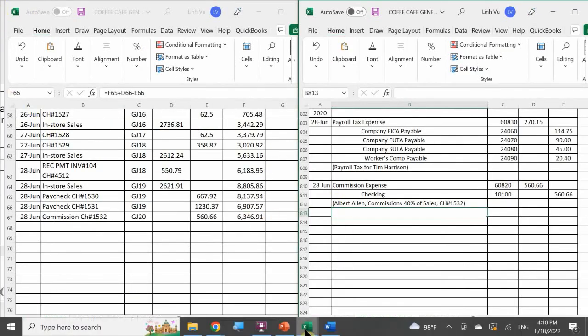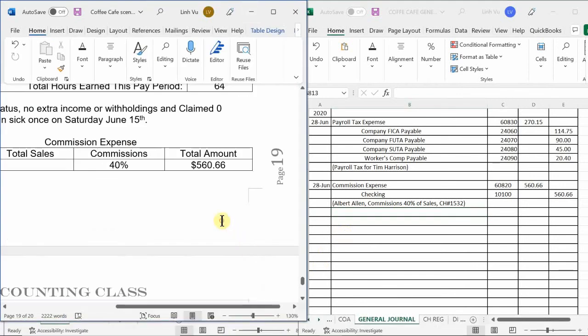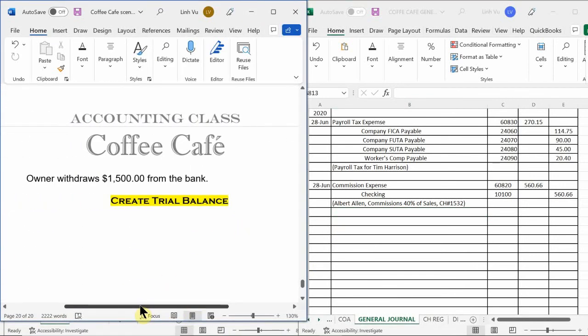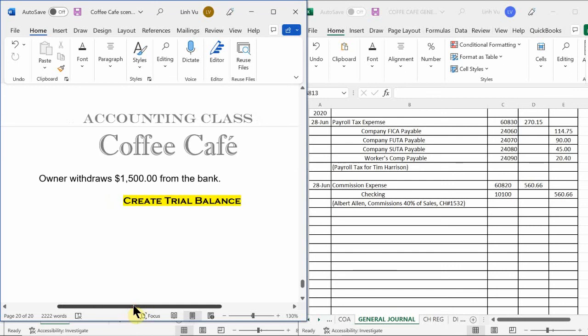Okay. All right. Last but not least, Bob decided that I should also pay for the hard work that he has done. So therefore he's going to do an owner's withdrawal for the $1,500 from his bank.